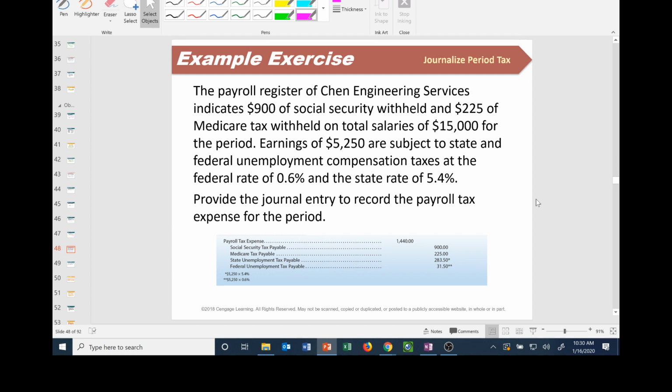Now here, subject to state and federal unemployment taxes at the federal rate. Here they're saying the federal rate is 0.6 and the state is 5.4. But that depends on the company and the state.